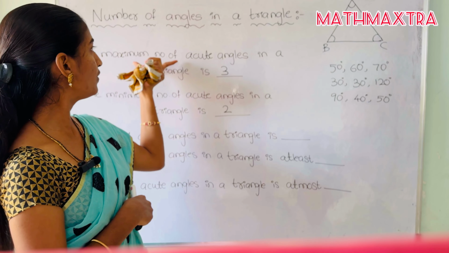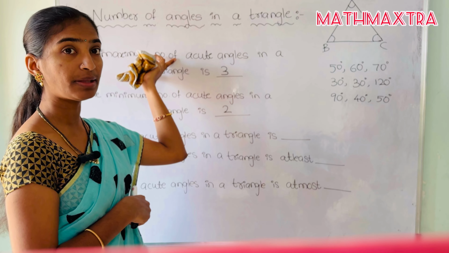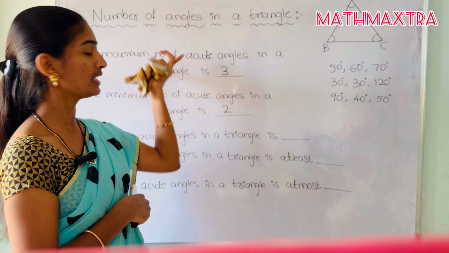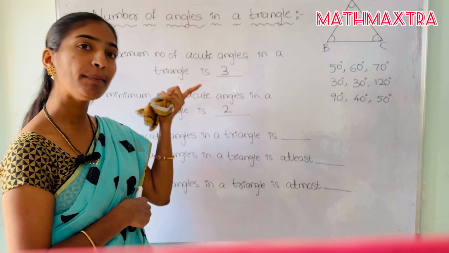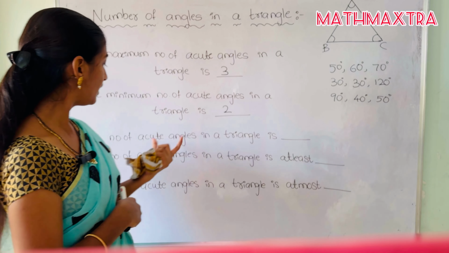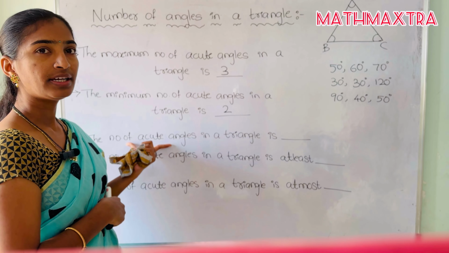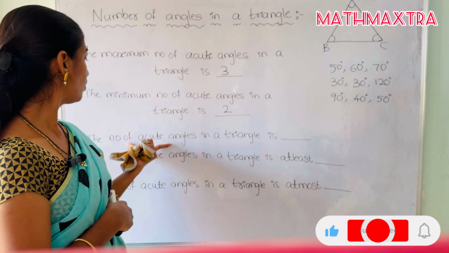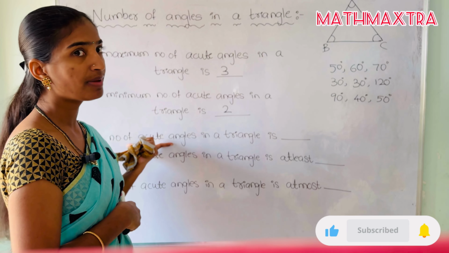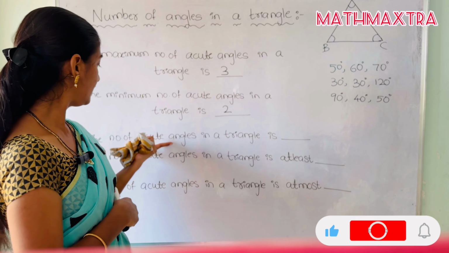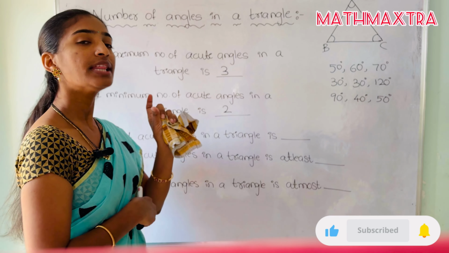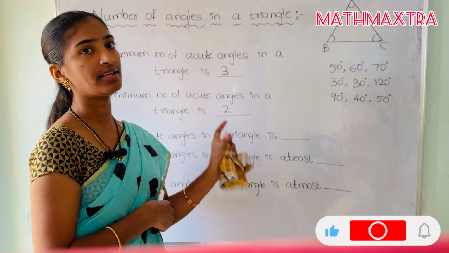In the first case we saw the maximum number of acute angles. In the second case we saw the minimum number. But here there is no mention of maximum or minimum. Here he is simply mentioning the number of acute angles that are possible.